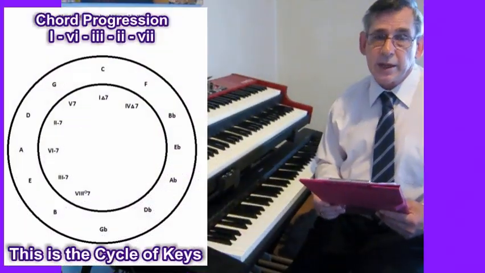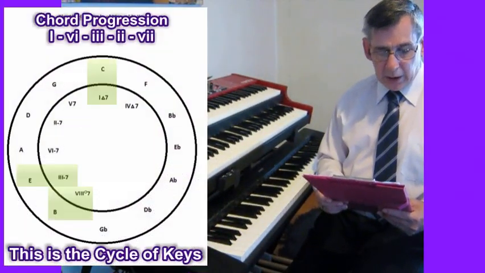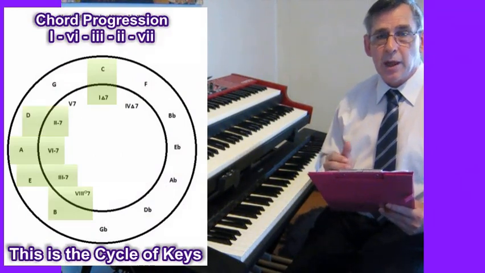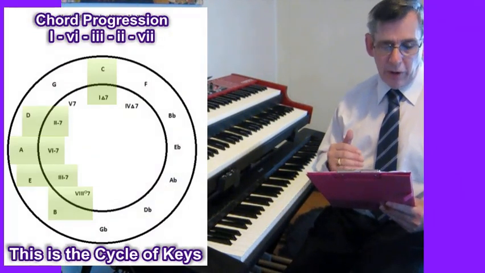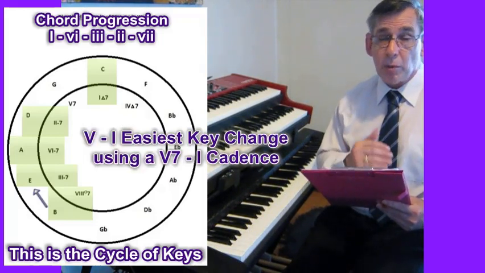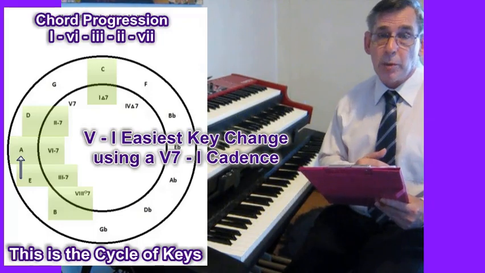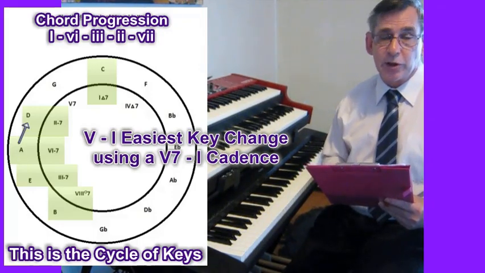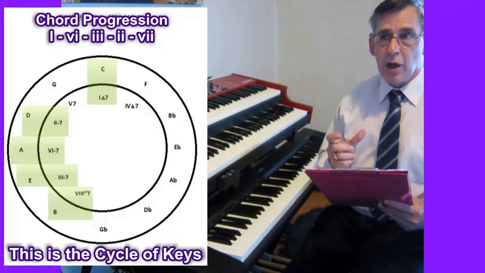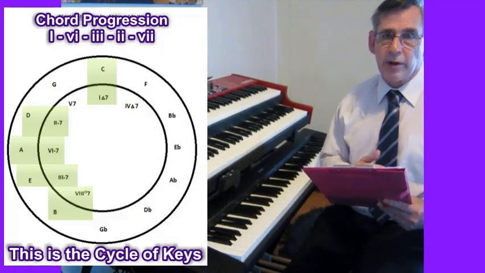So when we're looking at this on the cycle of keys, we can see straight away that most of the chords are next to each other, so therefore they become the dominant of the next chord on the cycle of keys. So 7 is the dominant of 3, 3 is the dominant of 6, and 6 is the dominant of 2. So you can use that advantage if you want to alter the chord progression and play your chords in a different order.